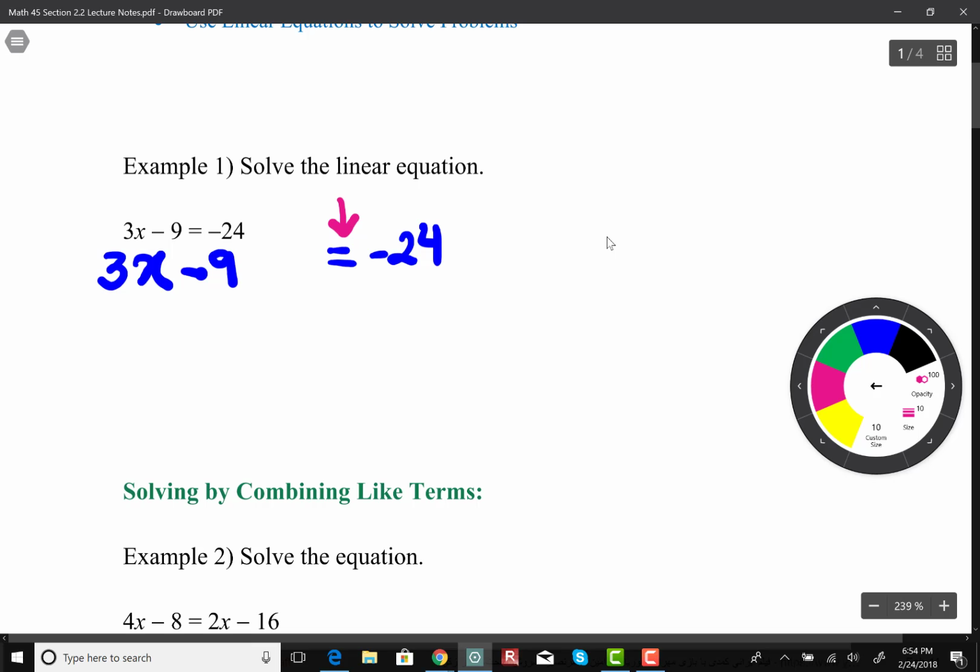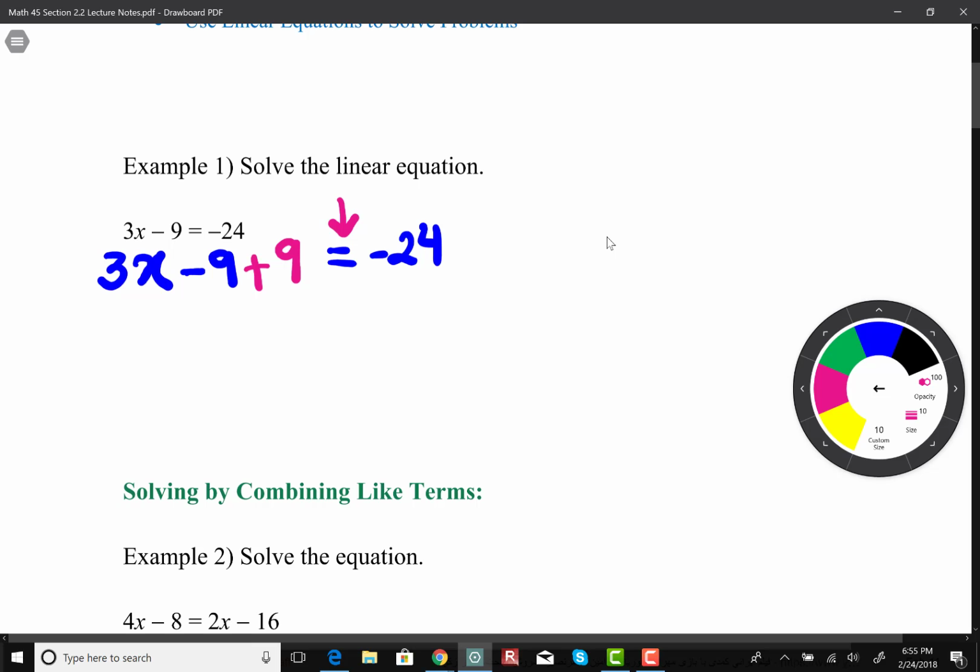In this case, since we have negative 9 here, the opposite of that is positive 9. So I have to add positive 9 to both sides, because negative 9 and positive 9 make 0.